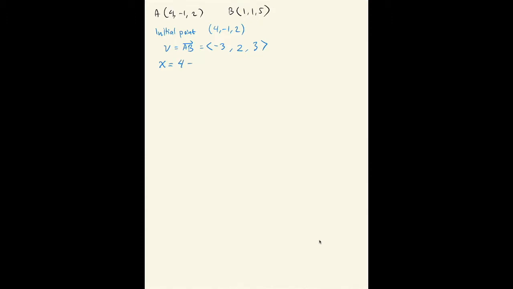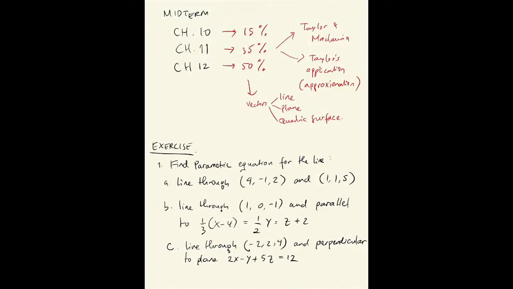So x is 4 minus 3t, y is minus 1 plus 2t, z is 2 plus 3t. Okay, questions? This is for number A. Yeah, perpendicular to plane 2x minus y plus 5z equals 12, number C.